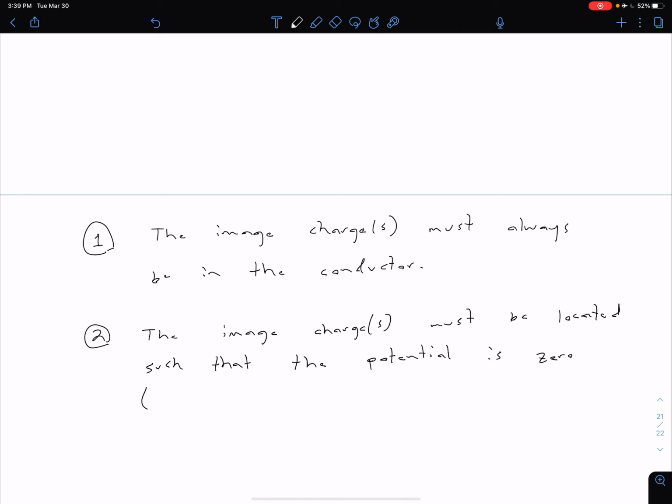Really it can be some constant, so long as it's the same along that entire surface. And because of that, of course, we call it an equipotential surface. And remember, that represents our conducting surface in the real physical system.